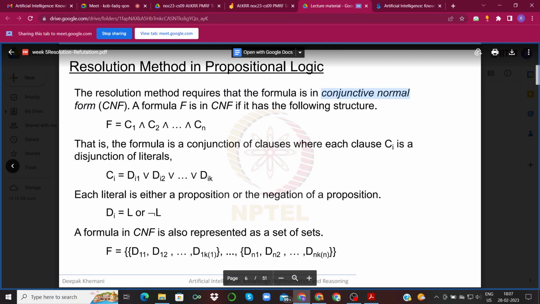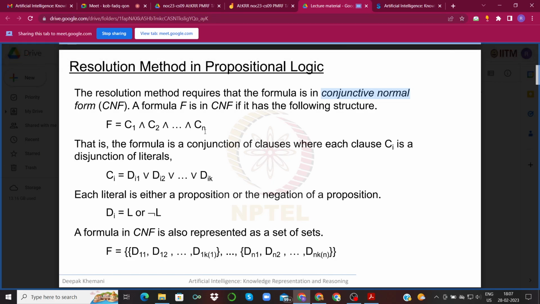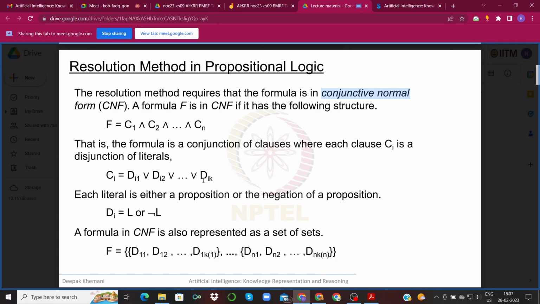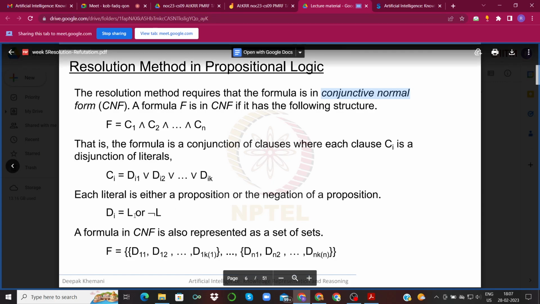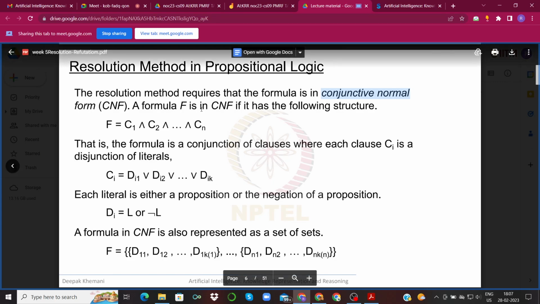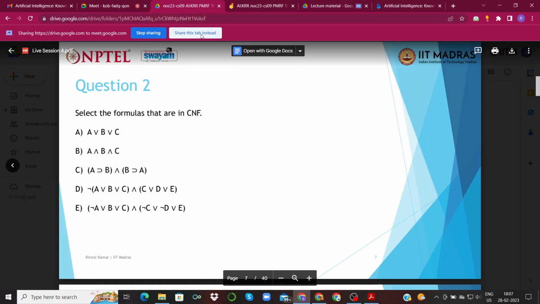This is a formula of the form C1 and C2 and up to Cn, where each Ci is a disjunction, or an OR of several literals: di1 or di2 or so up to dik, and each dij in turn is either a literal L or a negation of that literal. This is a representation of a conjunctive normal form. Based on this, let's see.